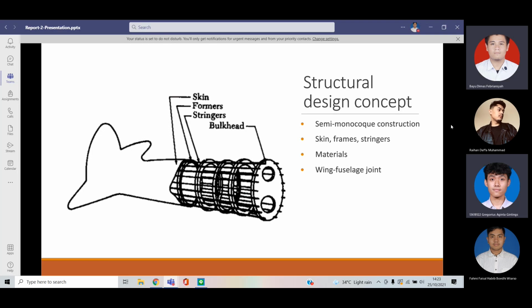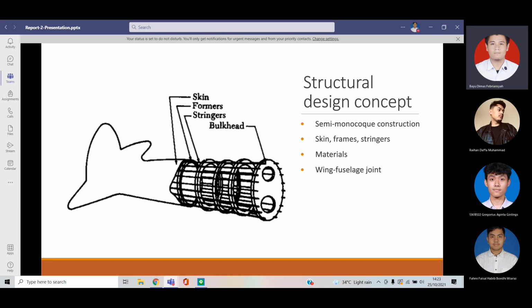Okay, this will be explained by Bayu. I will explain about the structural design concept. As in most aircraft, we chose a semi-monocoque construction using skin, frames, and stringers. The material that we want to apply to this concept is composite materials, because the fuselage itself needs to be rigid, so composite materials are adequate for this purpose, and they are also far more lightweight than aluminum.